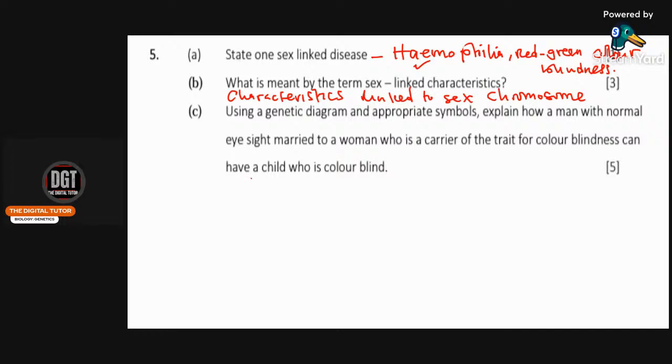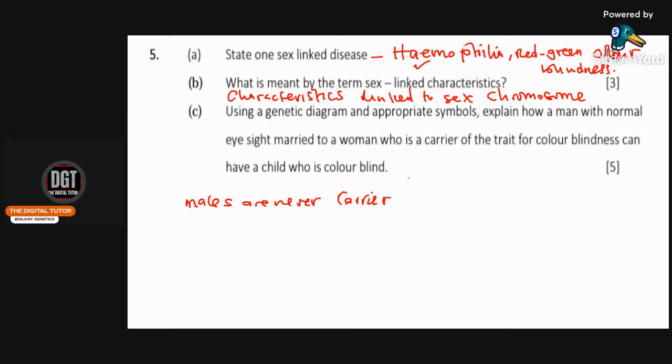Males are never carriers of the disease, which means they are either affected or normal. Females are the carriers.